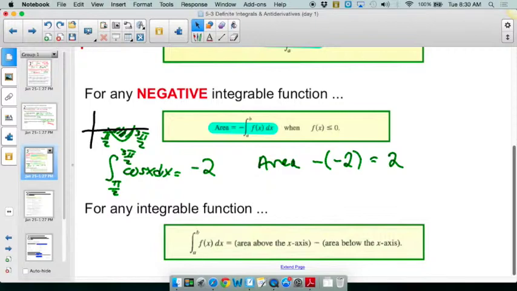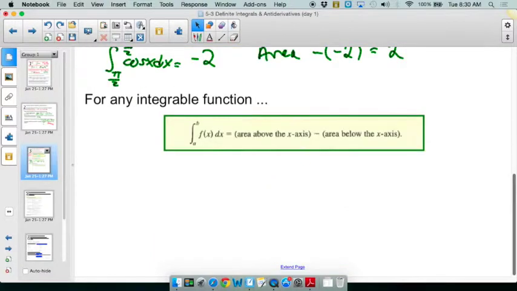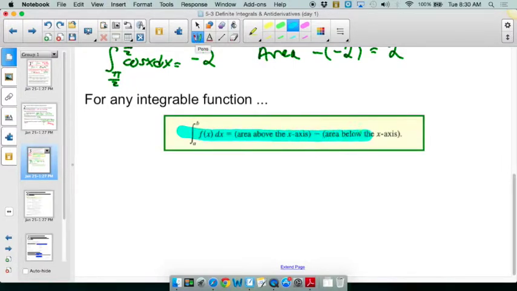So that last box is then what happens when we cross the axis, like our full cosine function. And there is the true definition of the integral. The integral is that positive area minus the negative area, okay?